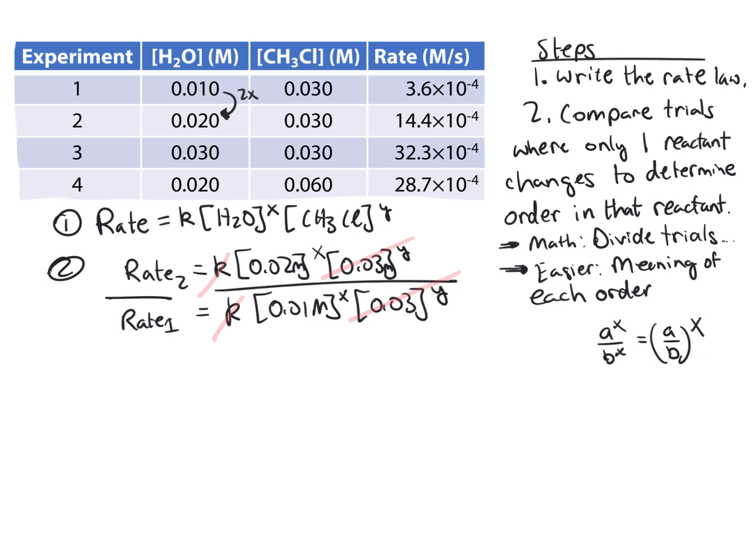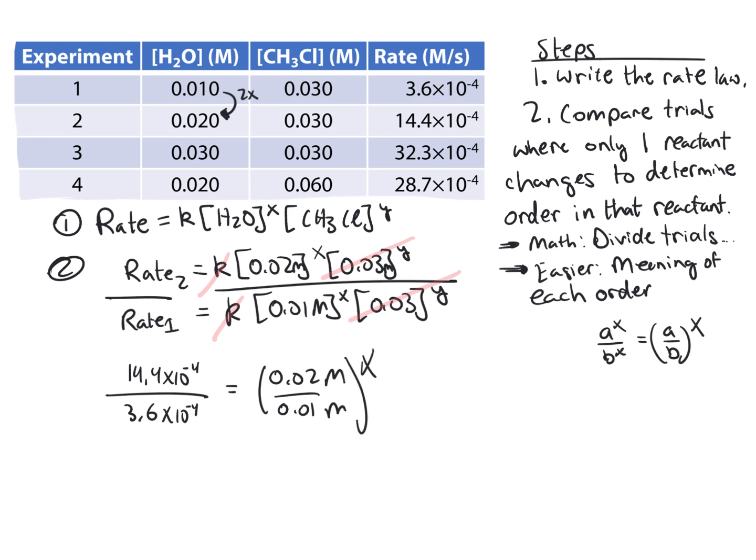So we can simplify this to say rate 2 over rate 1, and I'll plug those in. Those are 14.4 times 10 to the minus 4 over 3.6 times 10 to the minus 4, is equal to, again, the concentration of 2 over 1, so this is 0.02 over 0.01, all to the power of x. When I simplify that, I get 4 on the left-hand side, is equal to 2 to the power of x.